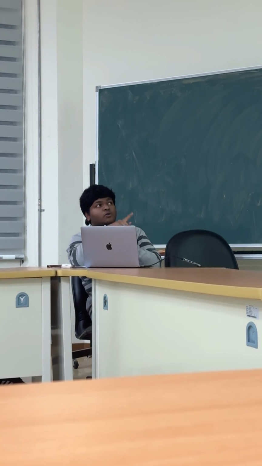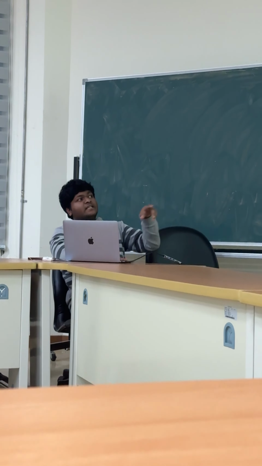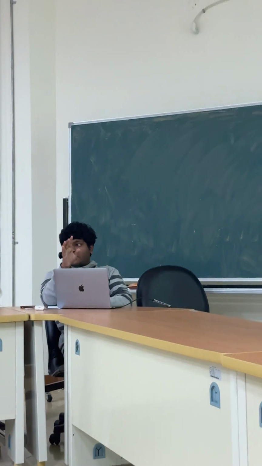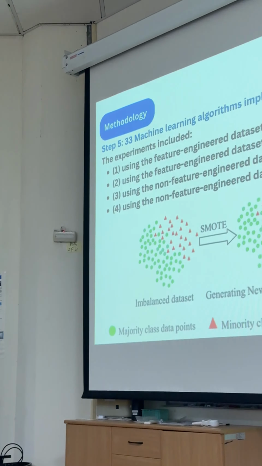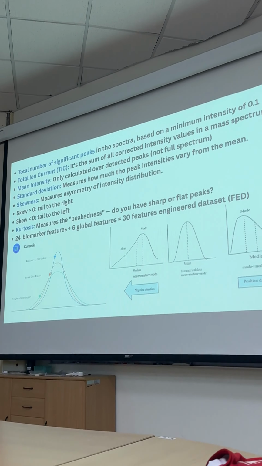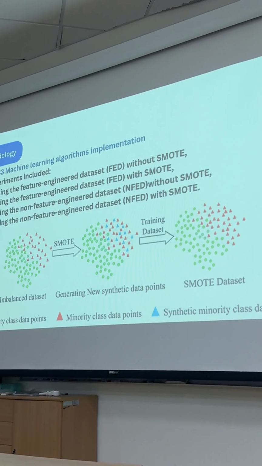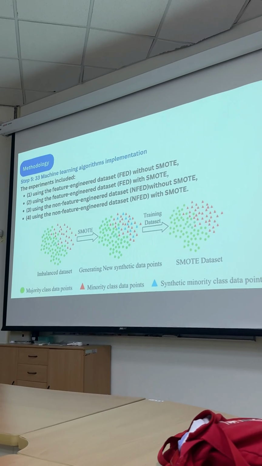So I have done without SMOTE and then with SMOTE, and then non-feature engineered, which is putting the raw data from the mass spec directly into the model without any feature engineering, again with SMOTE and without SMOTE. So in total 4 different experiments were conducted.